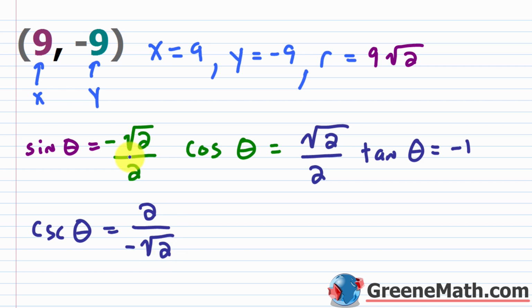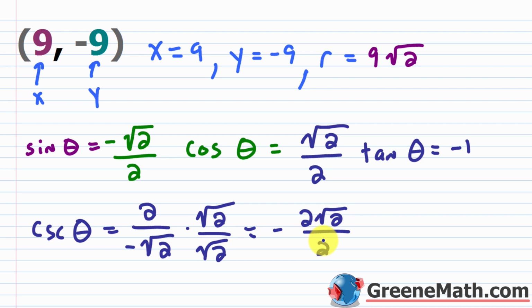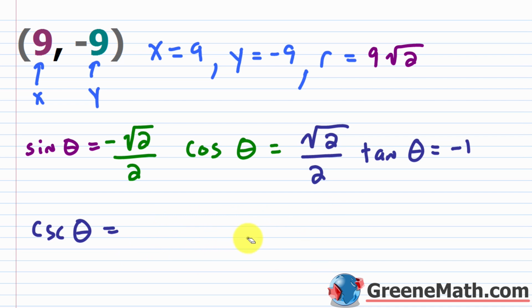And if you're smart, before you rationalize that guy, you'll go ahead and flip it, because now we have to rationalize again. So I'm going to multiply this by the square root of 2 over the square root of 2. And that would give me what? You have a negative out in front. 2 times the square root of 2 over this would be 2. And you can cancel. This would cancel with this, and you're just left with the negative square root of 2.